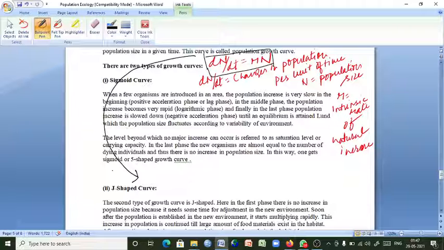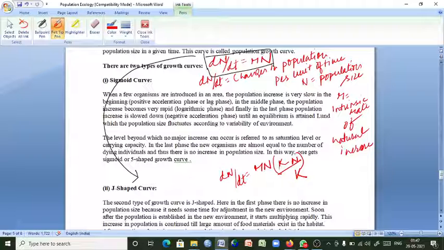And there is also another equation explained by dN by dt equal to rN into K minus N by K. We all know that dN by dt is the changes in population per unit of time, and N is the population size.